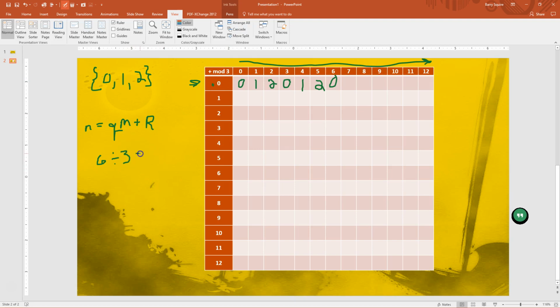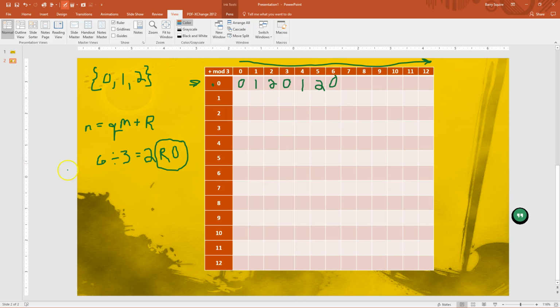And that gives us 2 with no remainder. And what we're really looking for is the remainder. So that's why 6 is equivalent to 0 mod 3.